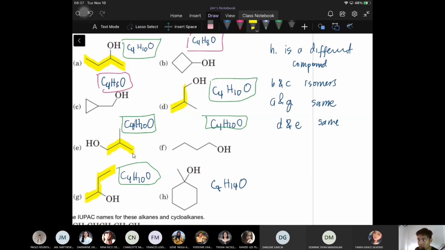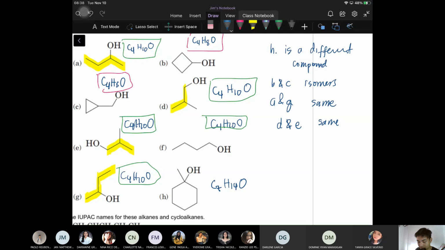May CH3 sa gitna. So, same lang. Ibig sabihin nun, ang ginawa lang sa molecule, binaliktad lang. Pinatayo lang din. Itong OH nilagay sa taas. Flinip pataas lang yung molecule. So, basically, same lang sila. Yung letter F, of course, this is very different with the other three. Okay?